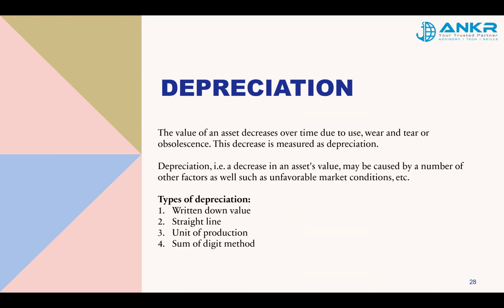This decrease is called depreciation. There are many other reasons for a decrease too, but we will stick to these normal ones. There are various methods of calculating depreciation. The two most common methods are the written down value method and the straight line method. Apart from that, there is also the unit of production method.